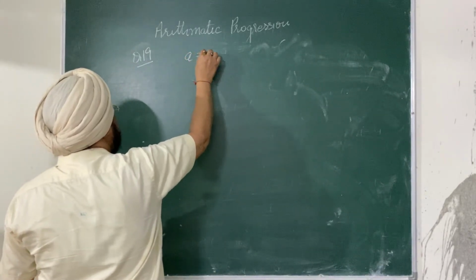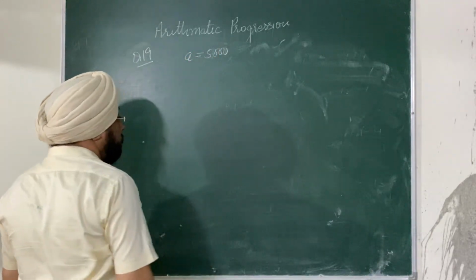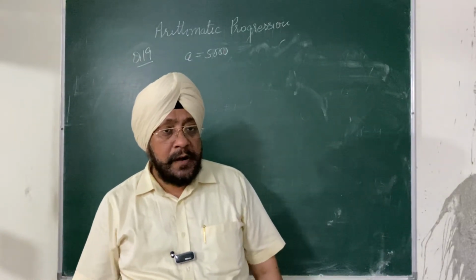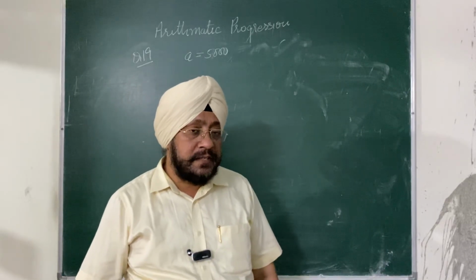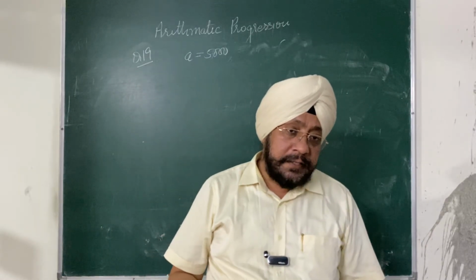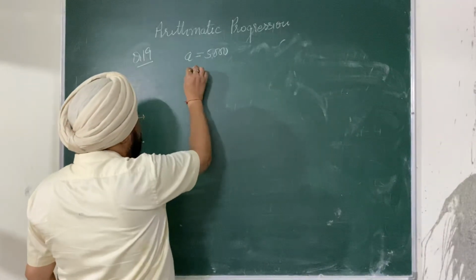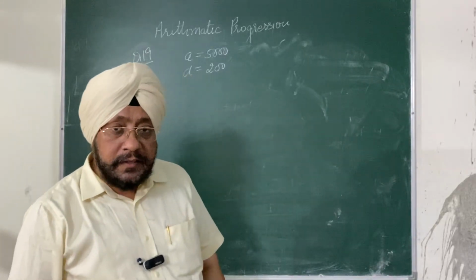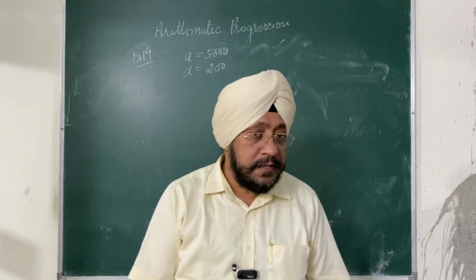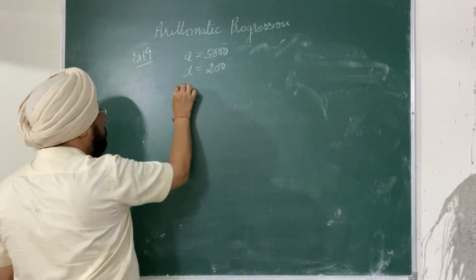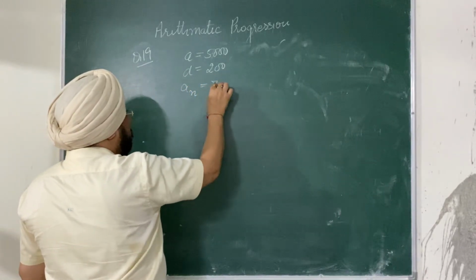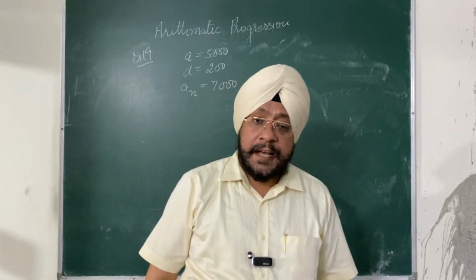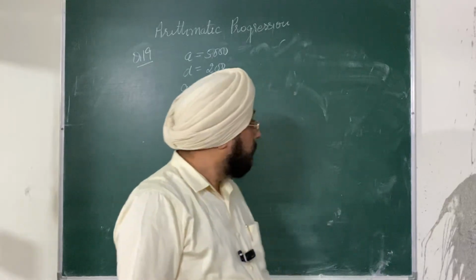Every year he got an increment of rupees 200, which is added to the salary. So d becomes positive 200, and we have to find when the annual salary becomes 7,000. So the last term is given as 7,000, and we have to find in which year his salary becomes 7,000.